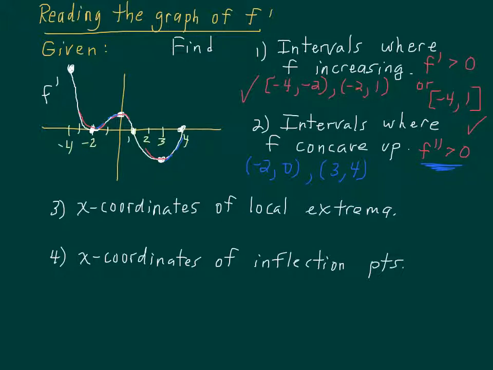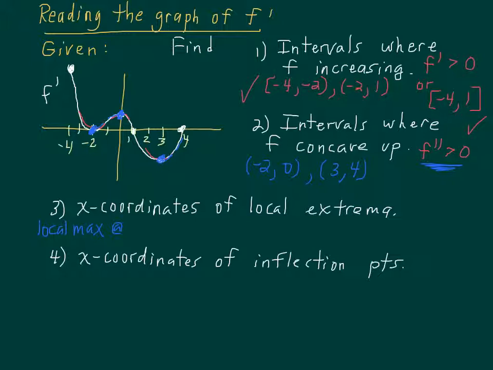Okay, our next one, we're looking to find x-coordinates of our local extrema. Well, let's start with local max points. Okay, again, this is a graph of f prime, not f. So it's very tempting to go around and be like, okay, there's a local max, here's a local min, here's a local max, here's a local min, right? It's not that simple, right? This is a graph of f prime, not f.